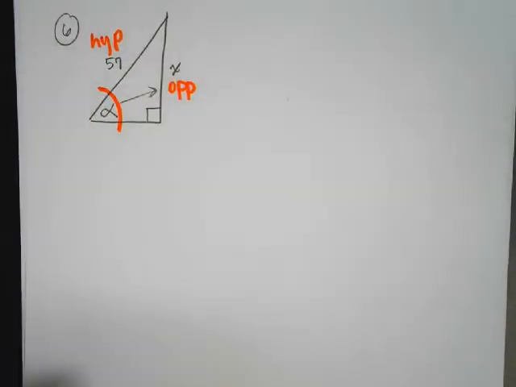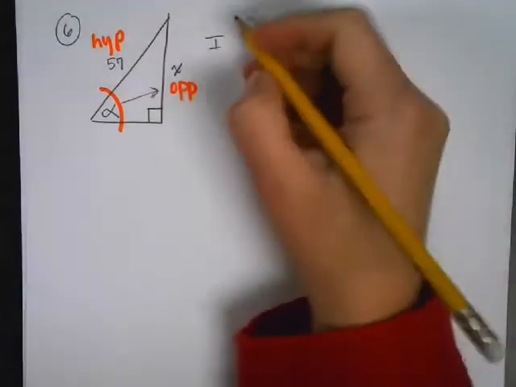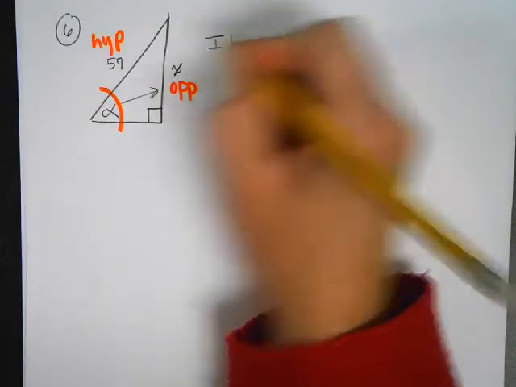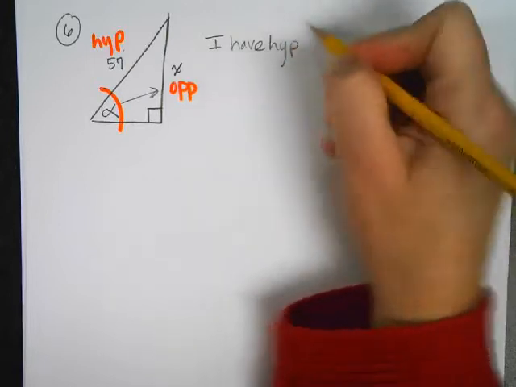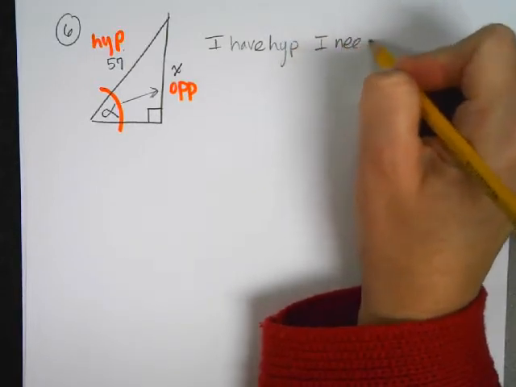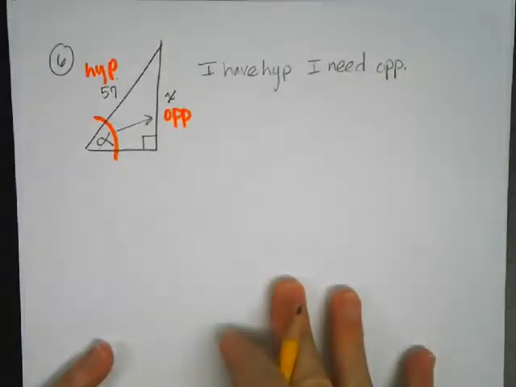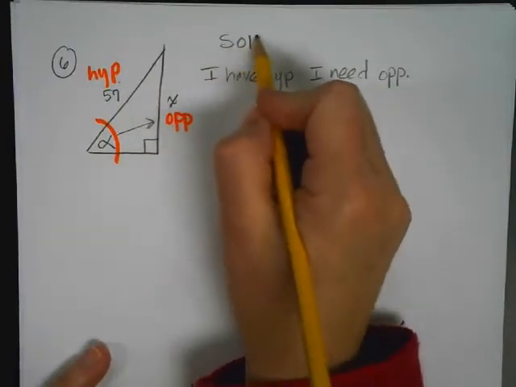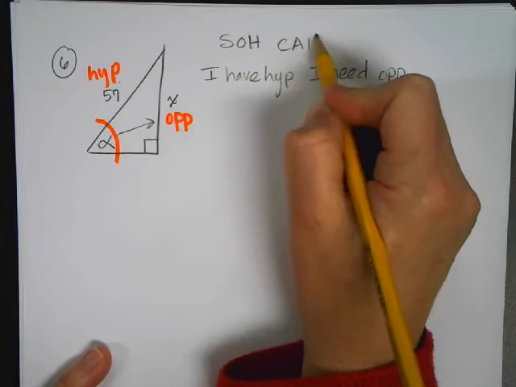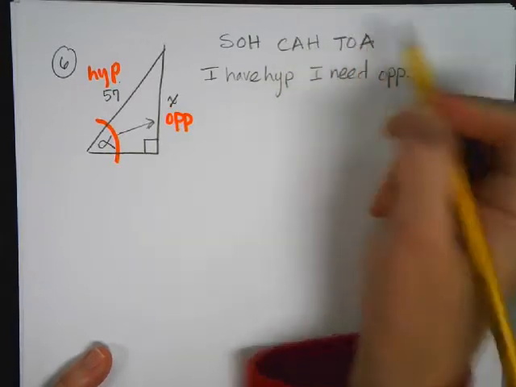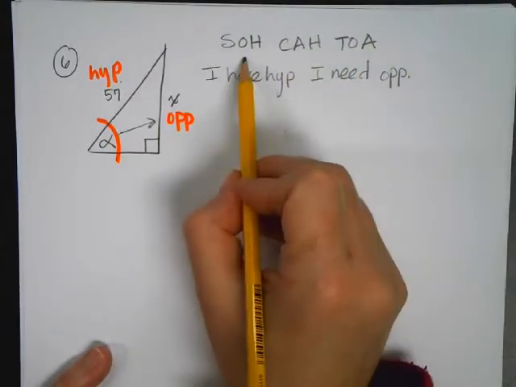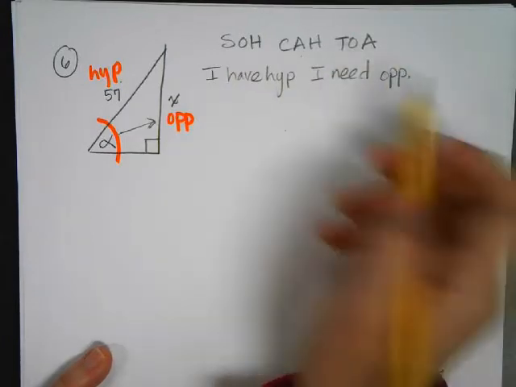And it says write an equation to find x. So I'm going to do my sentence stems. I have my hypotenuse. I need my opposite. So I know SOHCAHTOA helps me to figure out which ratio I need.